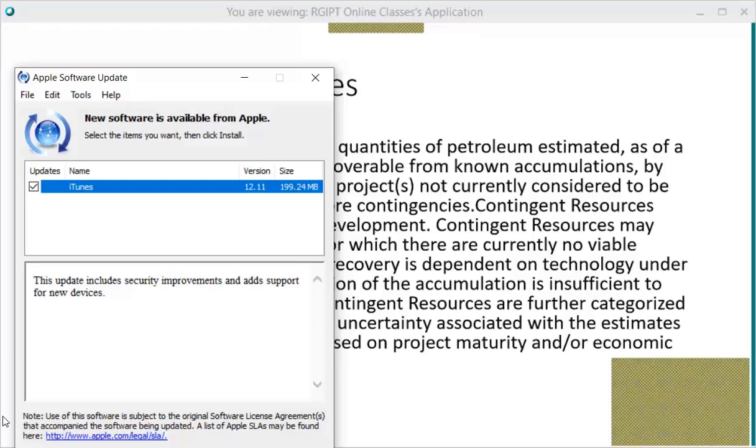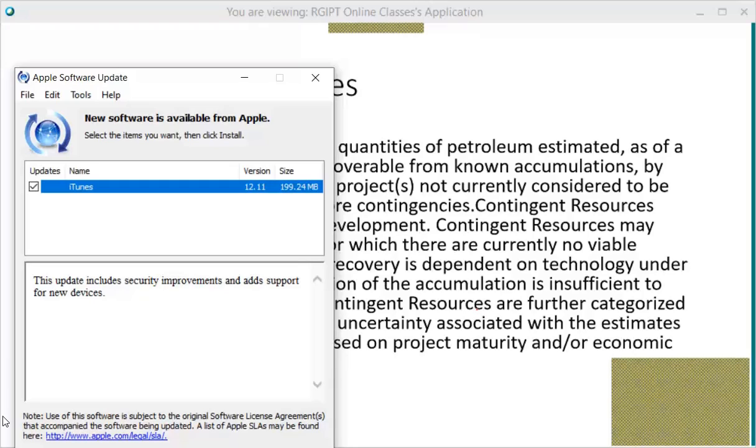Basically, contingent resources are those quantities of petroleum estimated as of a given date to be potentially, look at this word, potentially recoverable from known accumulation by the application of development projects not currently considered to be commercial owing to one or more contingencies. So that is like contingent upon something. That is when you are talking about contingent resources.